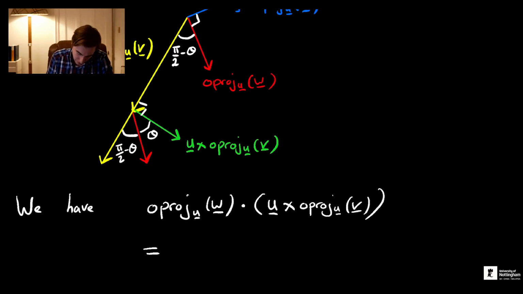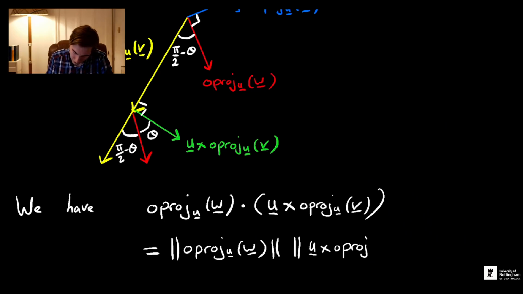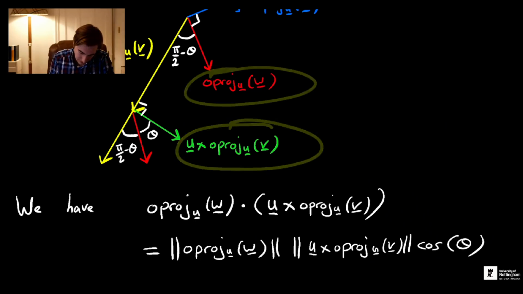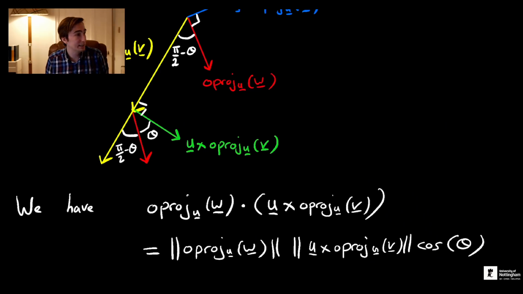For the scalar product, that's going to give us the norm of the orthogonal projection of w onto u times the norm of this whole cross product thing, of the projection of v onto u, times the cosine of the angle between them, which we've written here as theta, right? In our picture above, the angle between this vector here and this vector here is exactly this angle here, right? The angle between this red and green vector is this theta. So that's why we've written it as theta here.